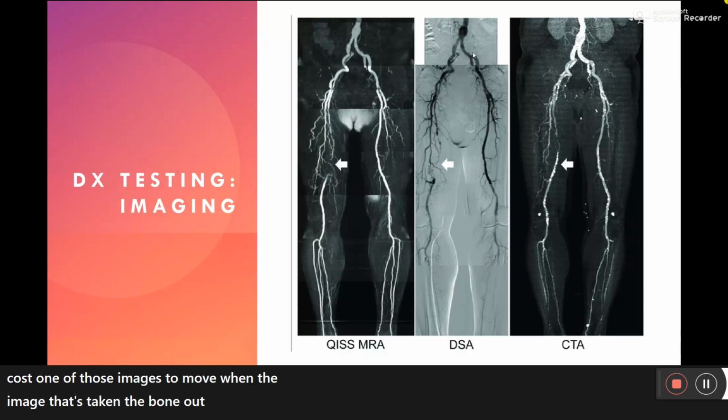So anytime you move the table or the C-arm while you're taking a DSA, you're going to get a blurred, distorted image, and you're not going to get what you need. You just waste the contrast. Another thing about DSA is that it takes very little contrast because all we're looking at is the vasculature. So we can use low ionic contrast, we can use a low dose of contrast and still get great images because we're eliminating all that other stuff that we don't want to see.